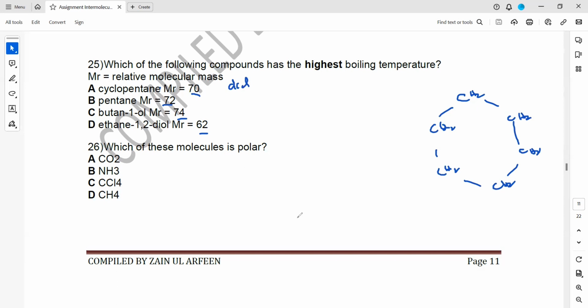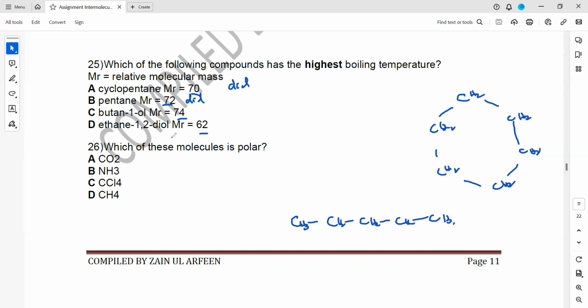Pentane also: if we have 5 carbons in a straight chain, this will have 3 hydrogens, then 2, 2, 2, and 3 hydrogens. So there is a straight chain. This will have dipole-induced dipole force because there is no greater difference in the electronegativity of the two elements, plus it's a straight chain.